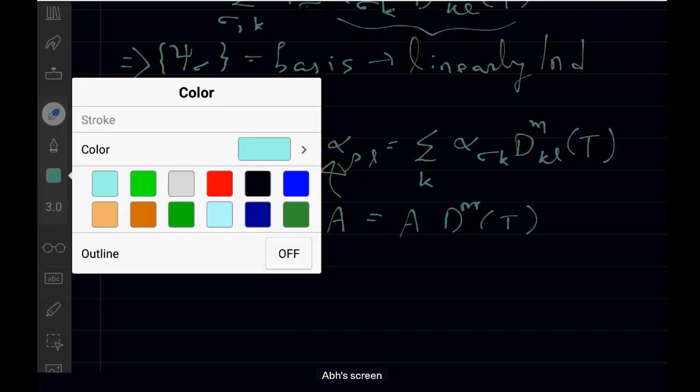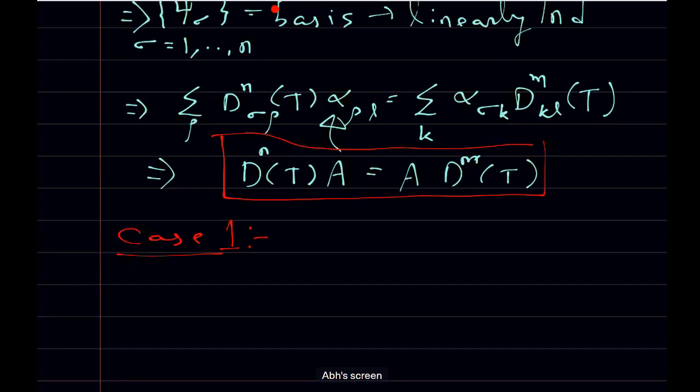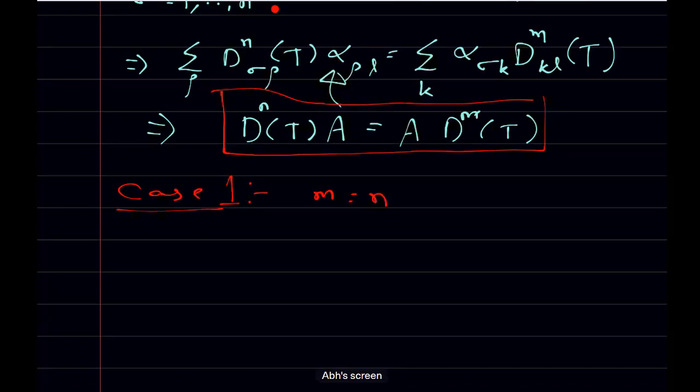So case number one says that if your M is equal to N, which is a very simple case that you already know, and the above equation is true, then we say that A exists and A is invertible.